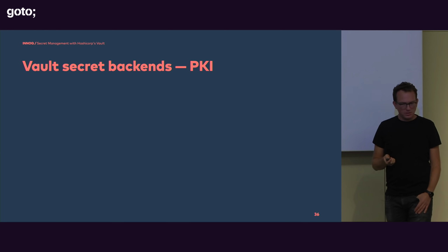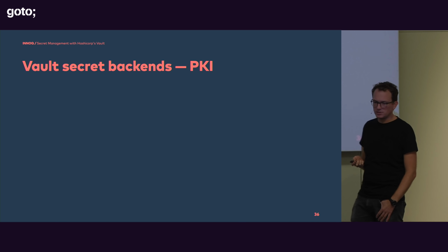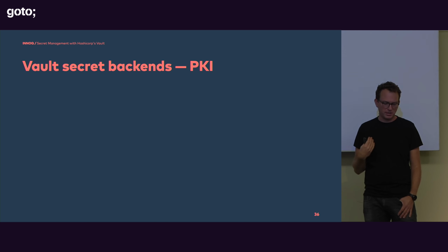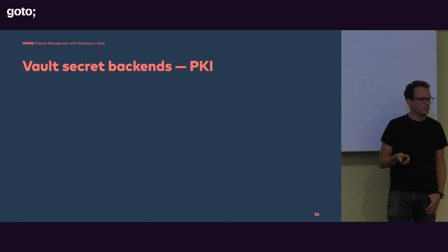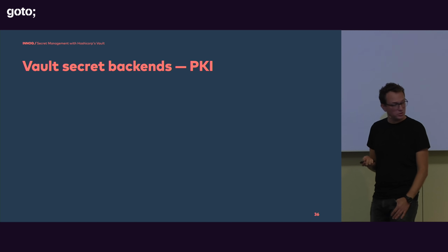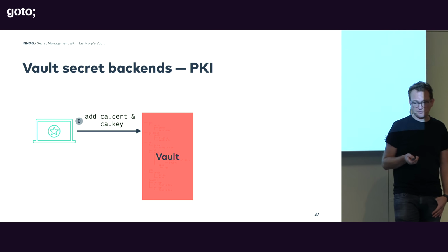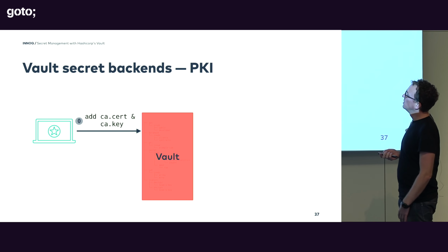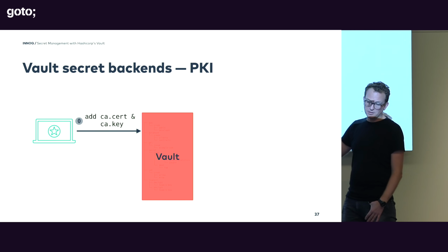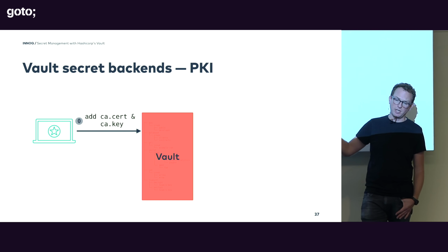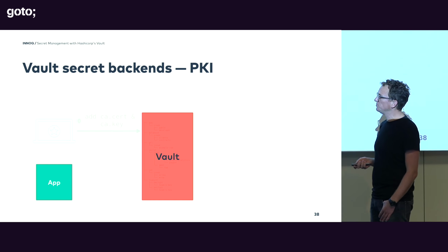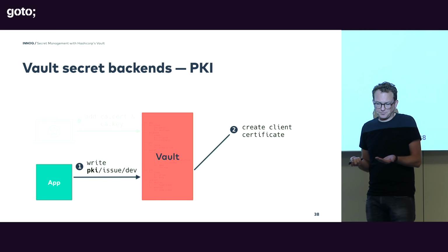Public key infrastructure. That's interesting if you want to secure traffic in your cluster, like mutual TLS authentication. The configuration step is again the same. You provide the CA certificate and the CA private key to Vault. Then an application talks to Vault.